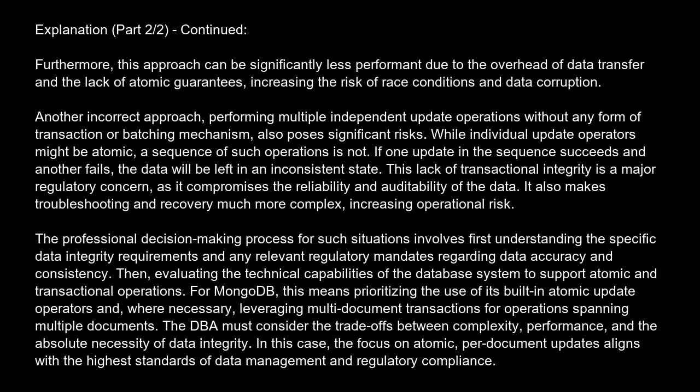For MongoDB, this means prioritizing the use of its built-in atomic update operators and, where necessary, leveraging multi-document transactions for operations spanning multiple documents. The DBA must consider the trade-offs between complexity, performance, and the absolute necessity of data integrity. In this case, the focus on atomic, per document updates aligns with the highest standards of data management and regulatory compliance.